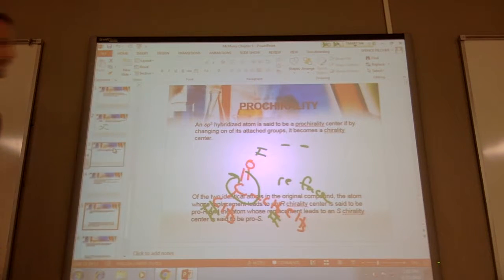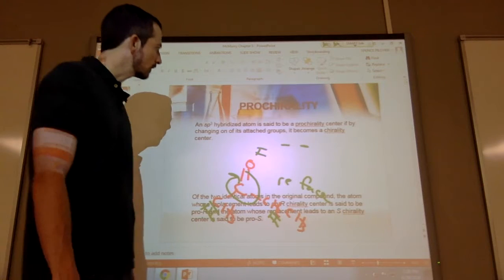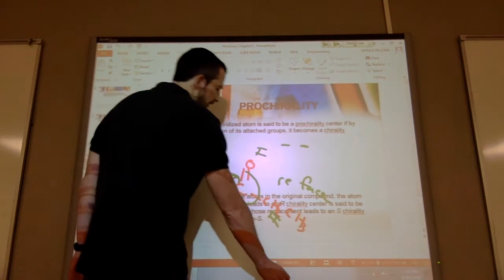An sp3 hybridized atom is said to be a prochiral center if by changing one of its attached groups it becomes a chiral center.